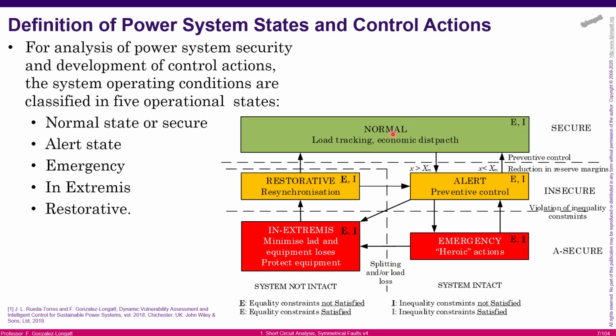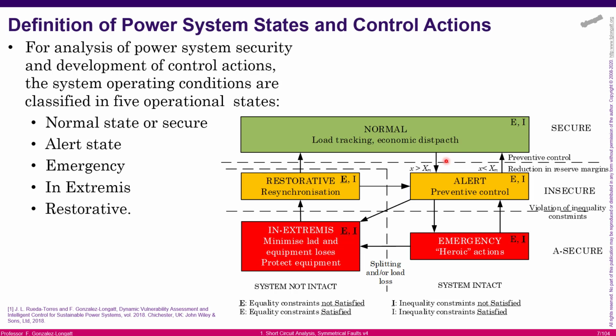But suddenly something can happen. Something wrong can happen, and from there the electrical variables inside the power system can go outside the limits, and that is when we start to have amber lights, because there is an alert.